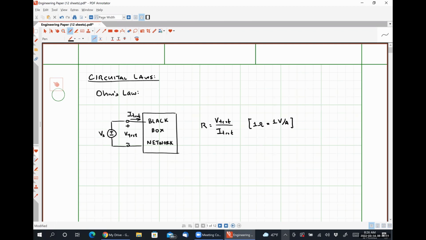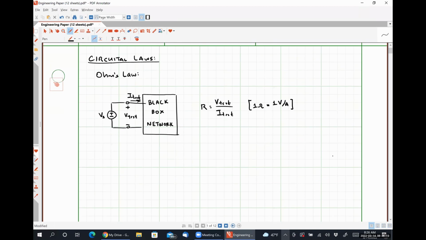Now, you may be more familiar with the expression V is equal to I times R. That's Ohm's law that you learned back in your Engineering 120 series. This is just a simple algebraic manipulation of the constant proportionality definition.